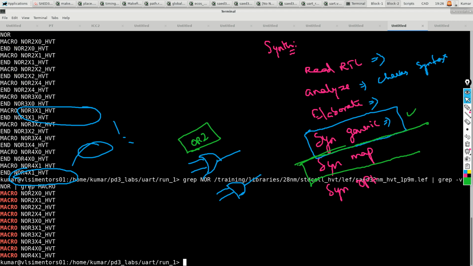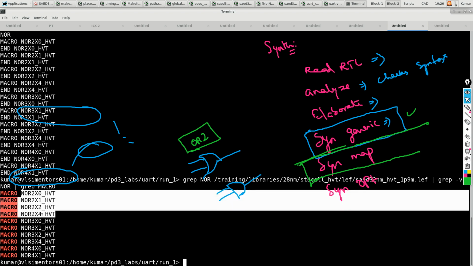Now, if you see here, there is a two input NOR gate. Say this is the NOR gate. Now, a two input NOR gate.